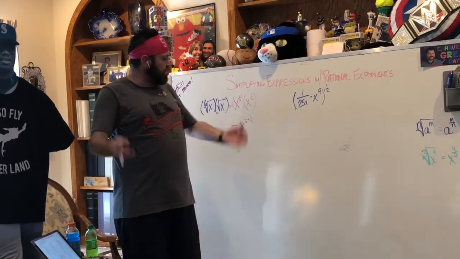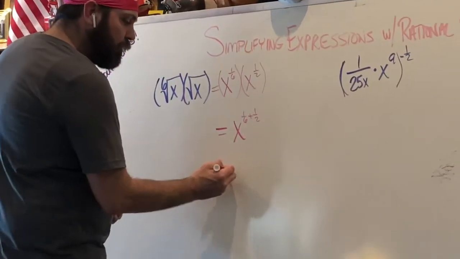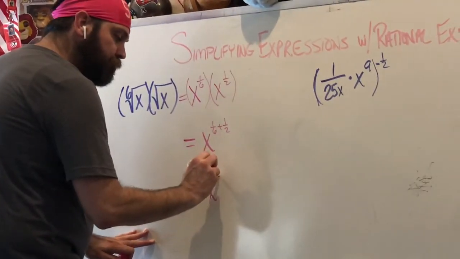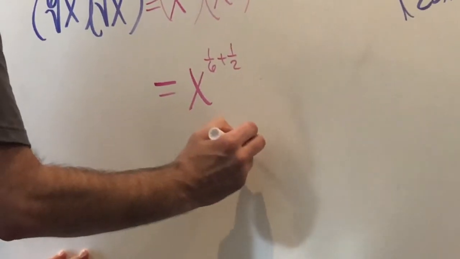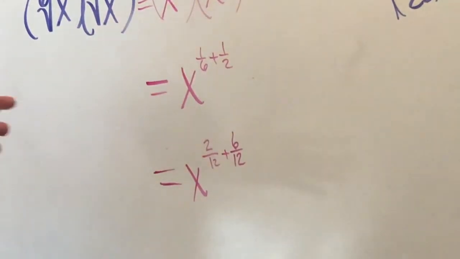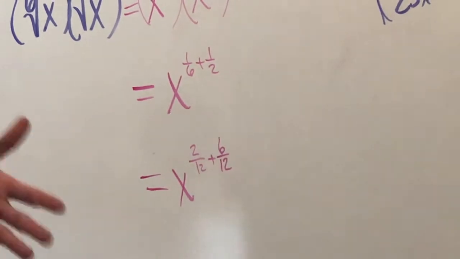What is the least common multiple of 6 and 2? 12. So another way we can write this expression is x to the 2/12 power plus 6/12, just rewriting those fractions in an equivalent way that will allow me to add them together.